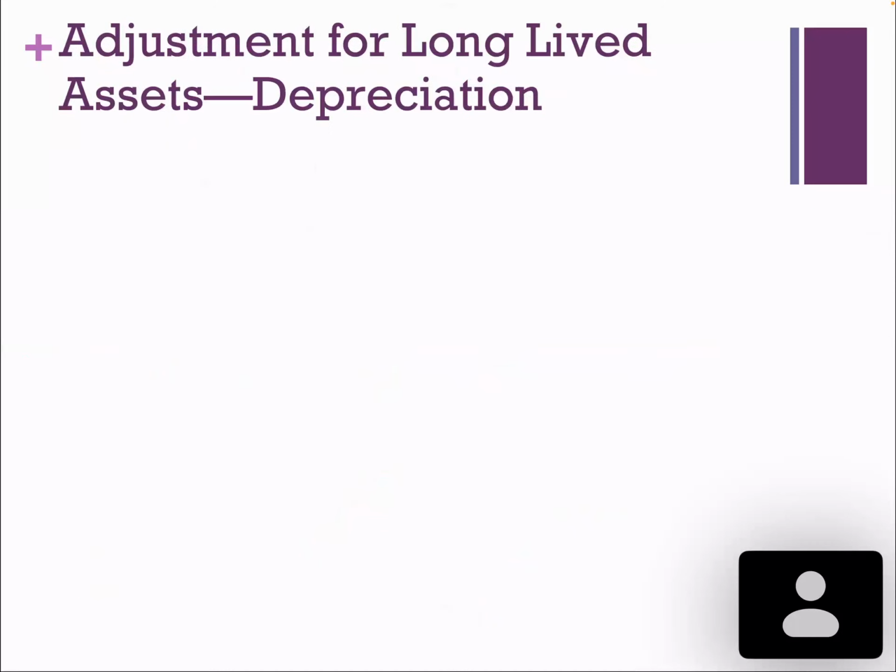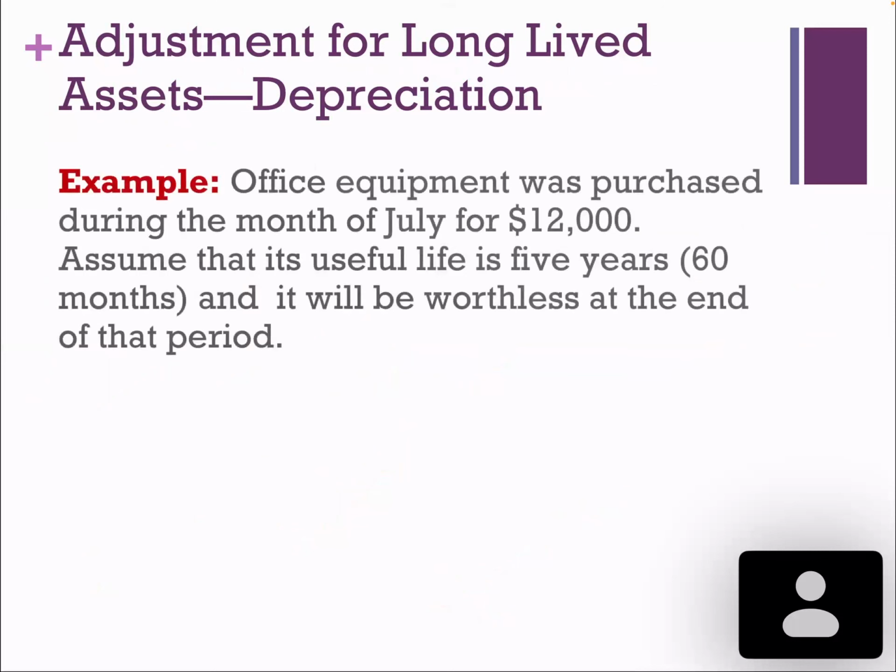Okay, next one, depreciation. So this is an estimate here. What we're doing is we buy some piece of asset, or in this case, equipment. So we buy a piece of equipment, and this equipment is going to last a long time. It's going to last 5 years.